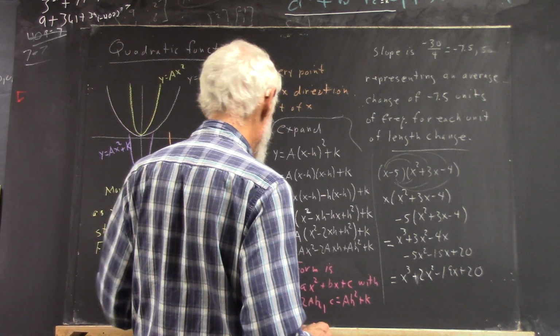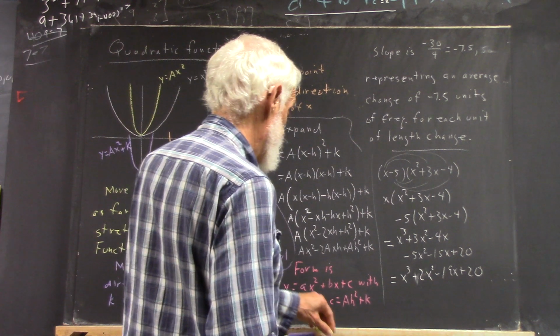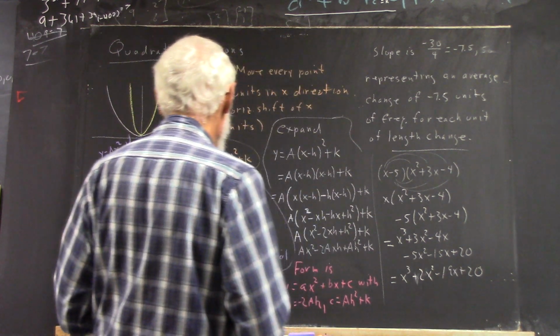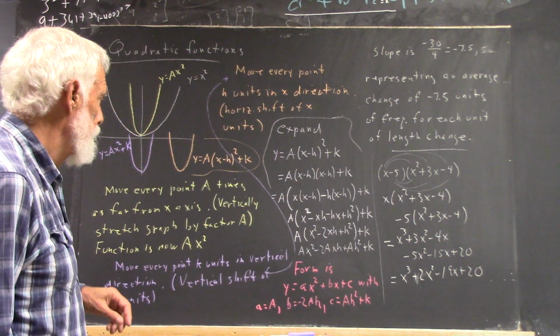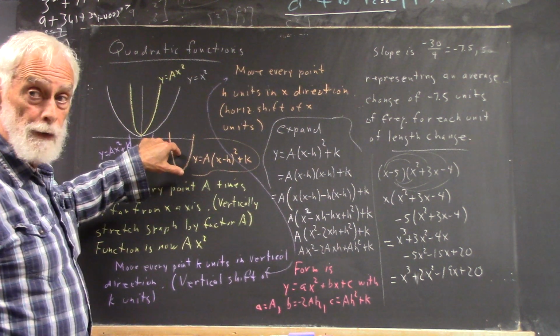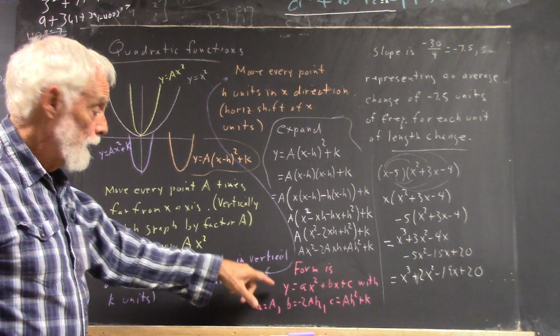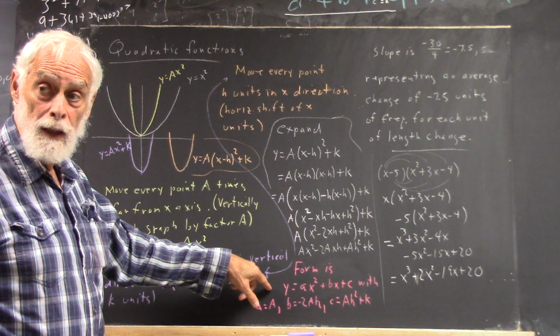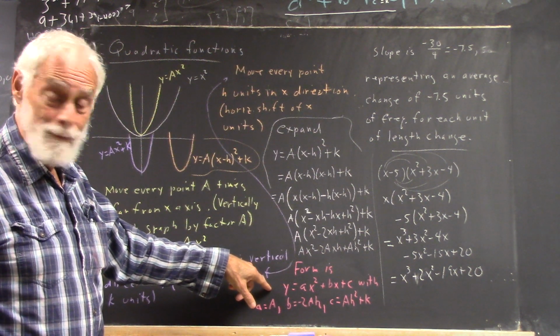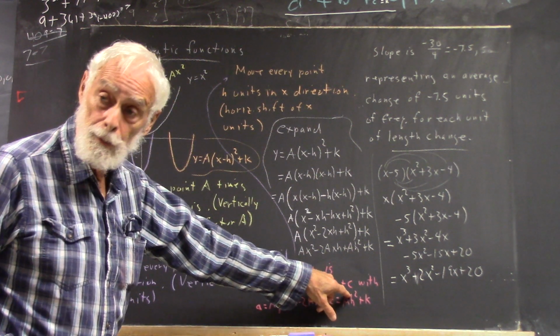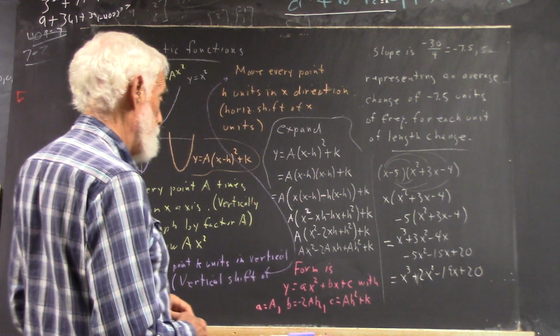Well, now that means that this graph here has this equation. If you just know what A, H, and K are, you can see what the numbers A, B, and C would be. Okay?